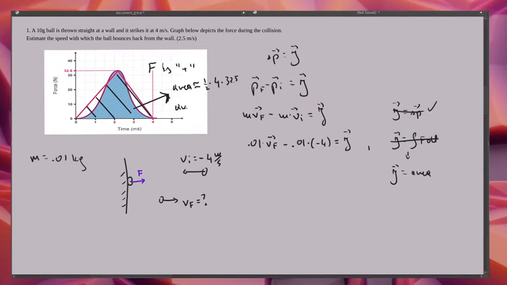In other words, area equals 2 times 32.5, so we have 65. The units would be Newton seconds, since I'm multiplying force times time. So this would be 65 Newton seconds, and note that this is approximate.